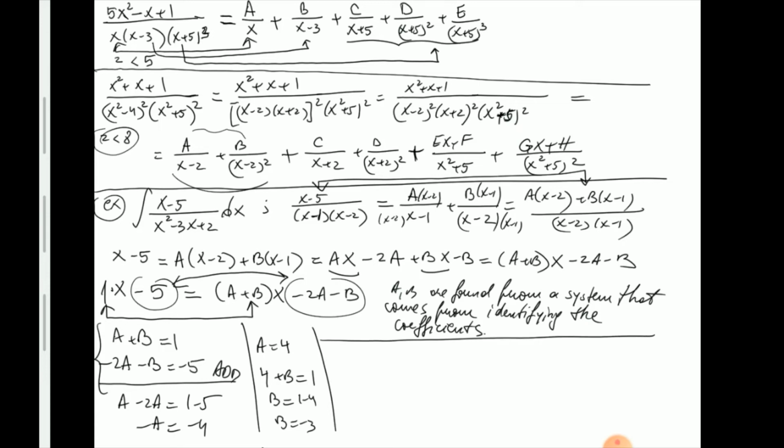So when we are done with the partial fraction decomposition, we can replace the original fraction with the decomposition we just found. So a over x minus 1 is going to be 4 over x minus 1. B is minus 3, so that's minus 3 over x minus 2.